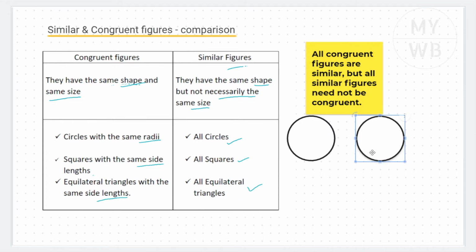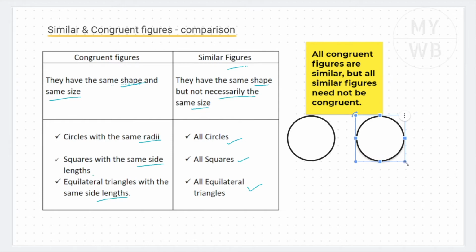So here you see there are two circles and the radius of both the circles are the same. So these two circles are congruent. We can also say that these two are similar. So circles with same radii are both congruent and similar.